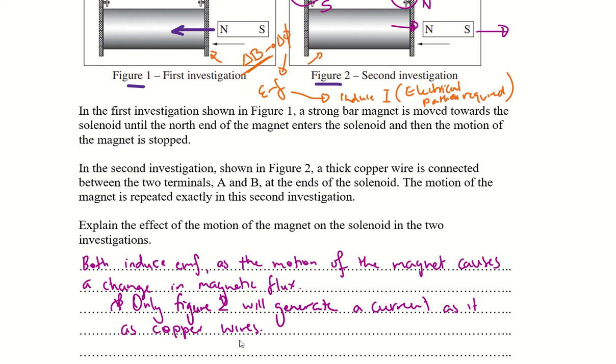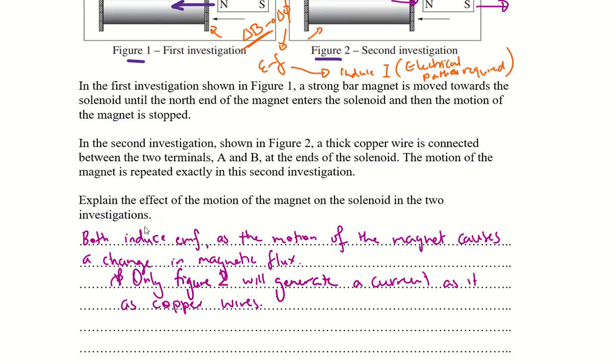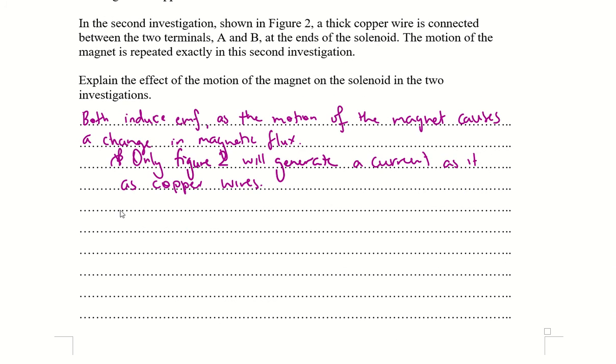Okay, so there is that. So what's the consequence of it having copper wires? So we'll just write figure 2 here, just to really show distinction that we are talking about figure 2. And we'll look at figure 1 over here. There's not going to be much said about figure 1, but it's always nice that we do a quick comparison like so.